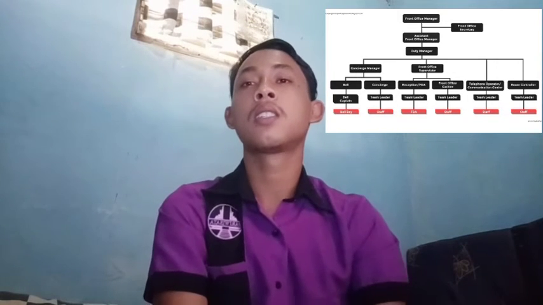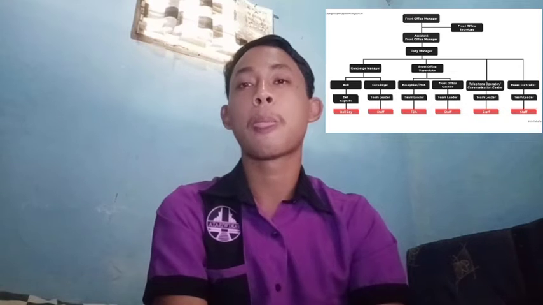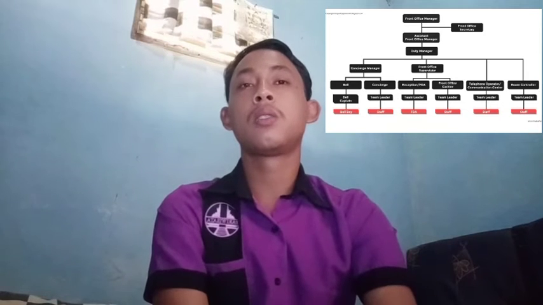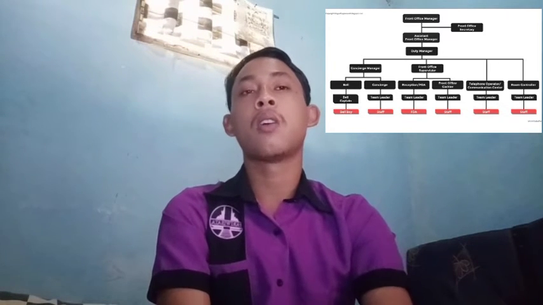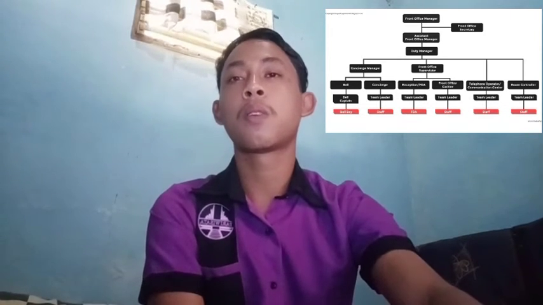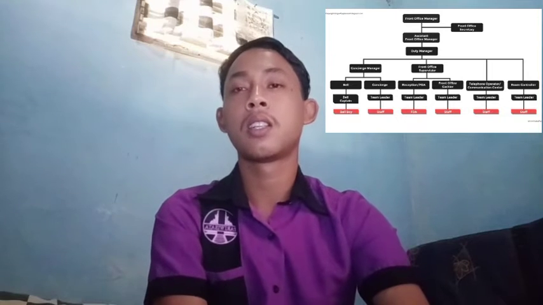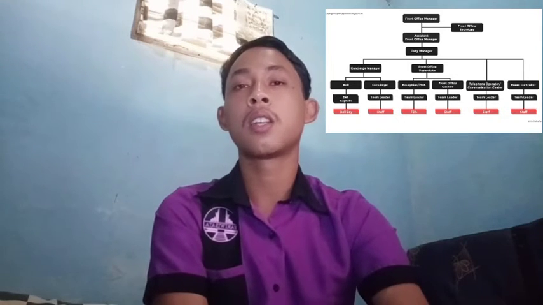And the next is team leader reception. The reception section has a leader. The duties and responsibilities are as follows: supervise the performance of the staff at the front desk, provide training to staff at the front desk, complete administration at the front desk, leading the front desk or reception section.